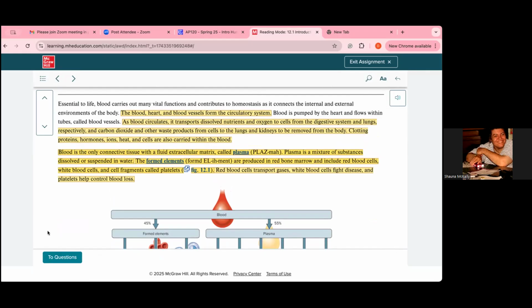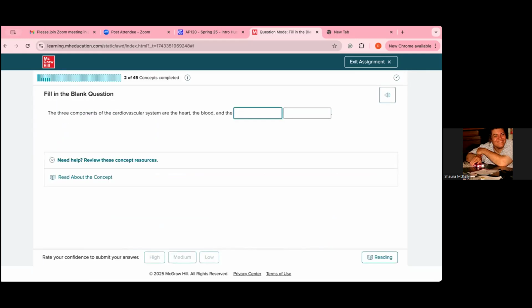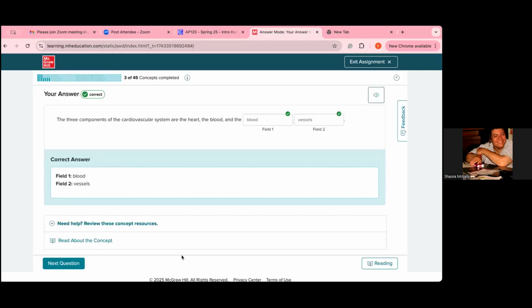So they just want blood vessels, one word in each box.